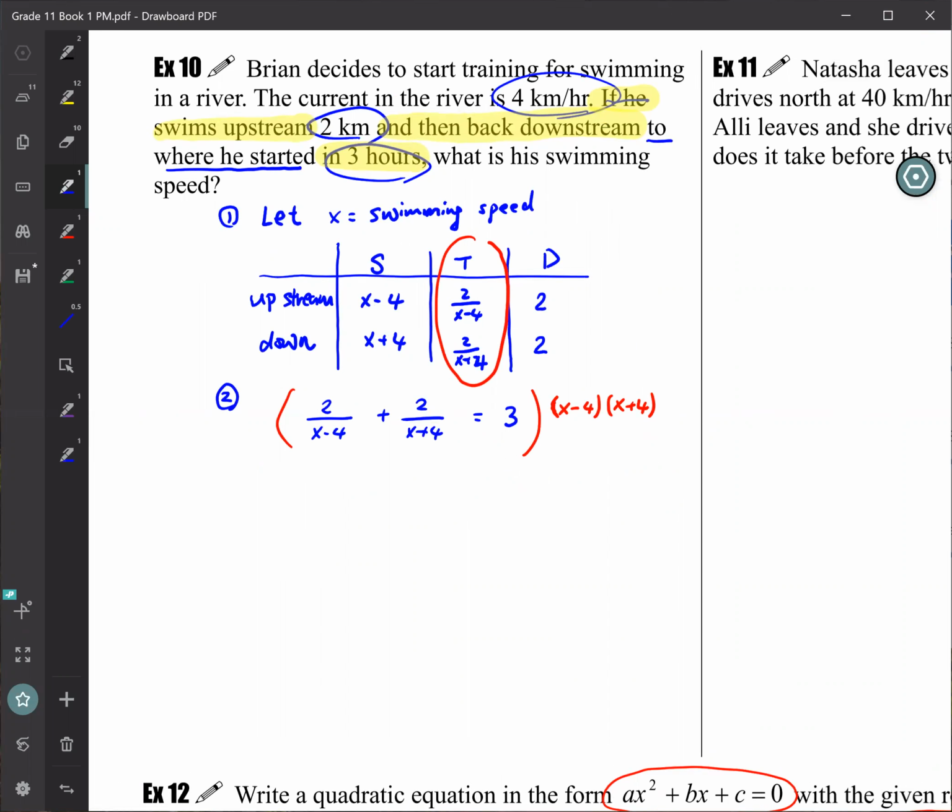Because you cannot have two different swimming speeds, right? And that won't make sense. So you will see one of them is clearly not acceptable. So you can raise your hand once you found the answer, okay?